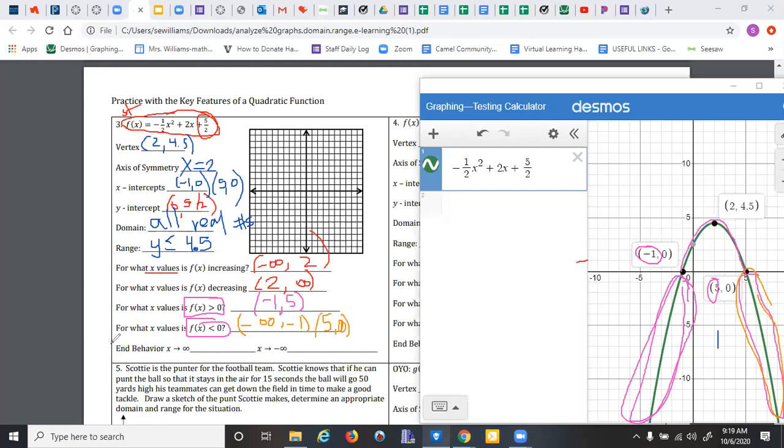All right, somebody who has not answered, what are the ends doing on this one? Are they going up or going down? Down. They're going down. And so I write f of x is going to negative infinity on both sides.